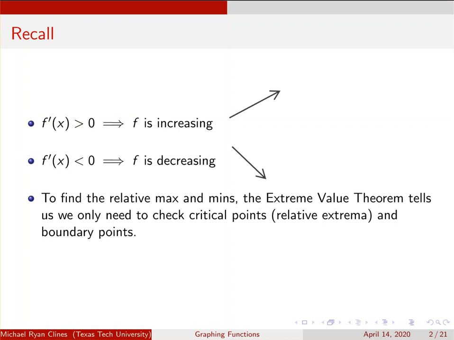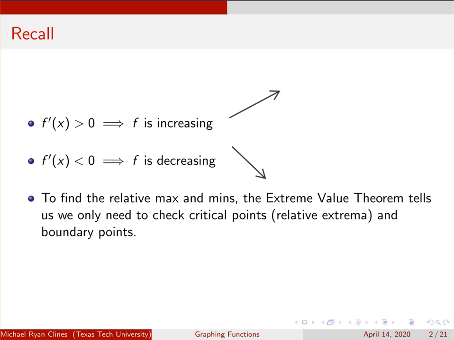And now we're going to move on to the extreme value theorem. This is what we covered in the last section. So if you did not watch those videos over section 4.1, please make sure you go and do that now. So to find the relative maximums and minimums, the extreme value theorem tells us we only need to check the critical points, also known as relative extrema, and the boundary points.